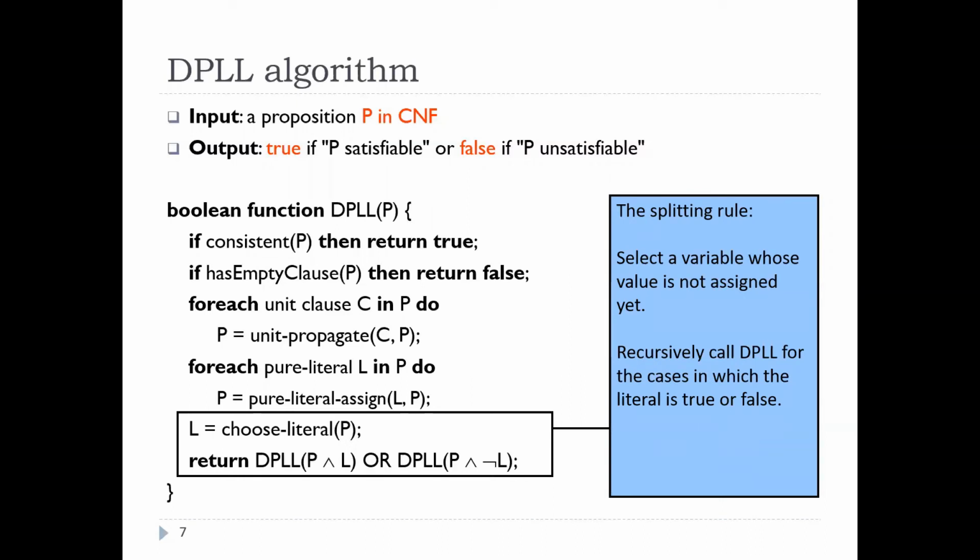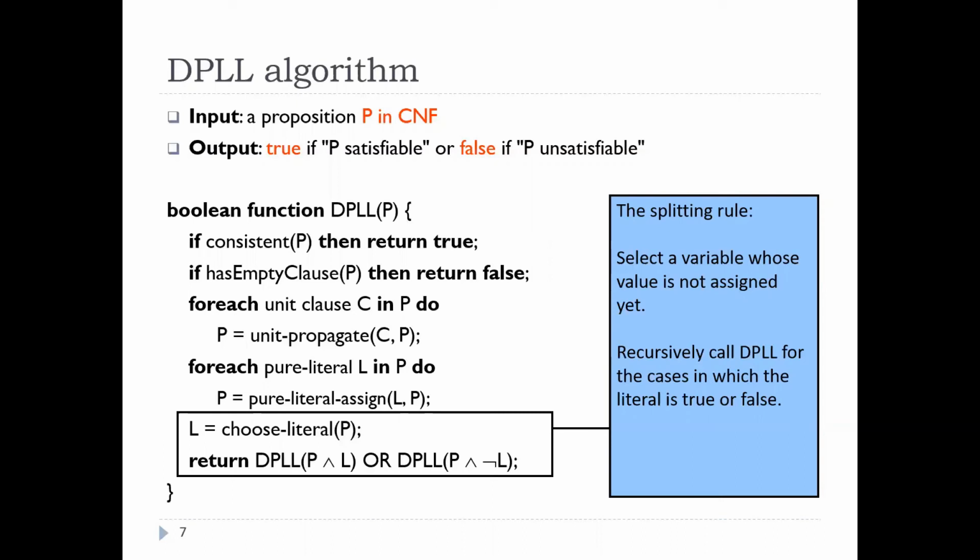And we're going to again see whether P is satisfiable or not. If P is satisfiable, then the recursion will be stopped. If P is not satisfiable, then we're going to backtrack. We are going to apply the opposite value to that literal, and we're going to again see if P is satisfiable or not. This is the backtracking step which takes place through recursions.